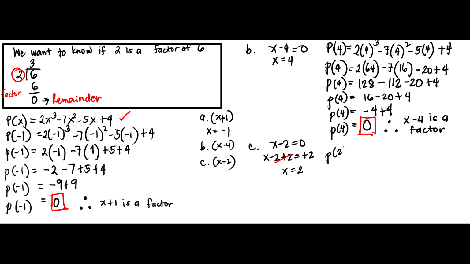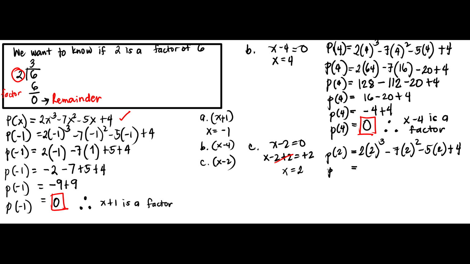So, palitan ulit natin yung equation ng 2. Papalitan natin lahat ng x ng 2. So, ito ay magiging 2 cubed minus 7 times 2 squared minus 5 times 2 plus 4.